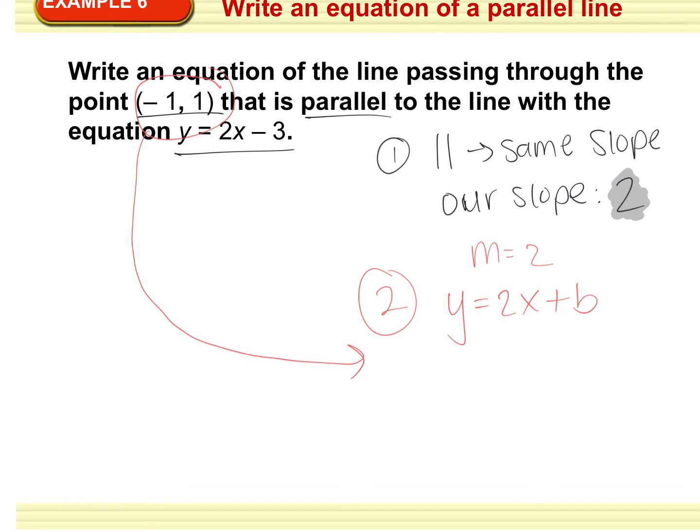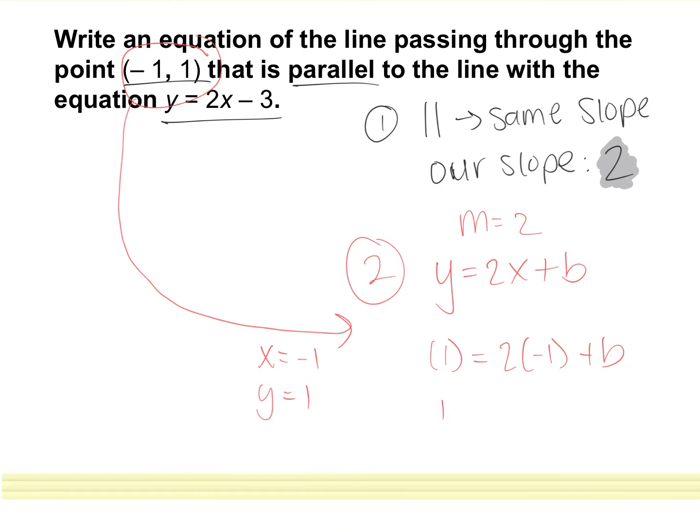And my y value is? 1. Plug those points in. Make x equal to -1 and make y equal to 1. You're going to use that point to figure out what your b value needs to be. So y is now going to be 1 and x is going to be -1.